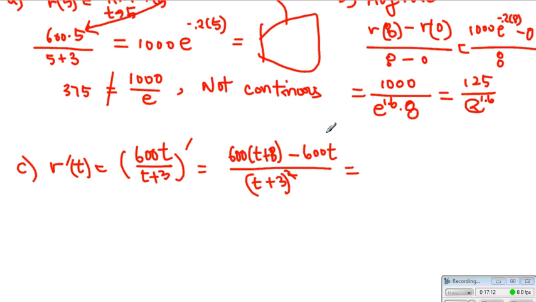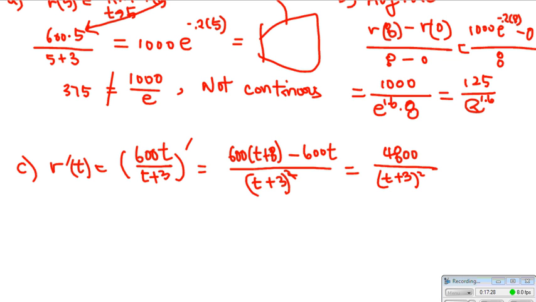This becomes 600t, and 600t cancels out, so we have 4800 over (t + 3)².